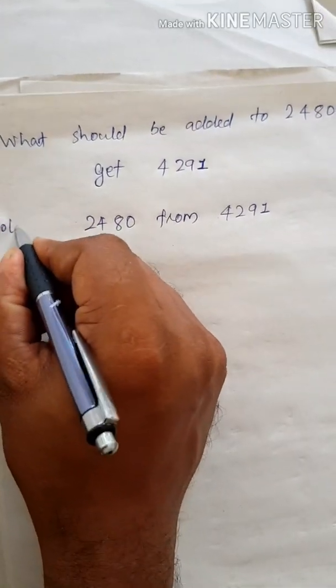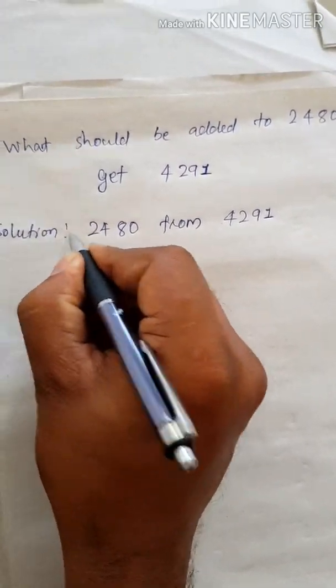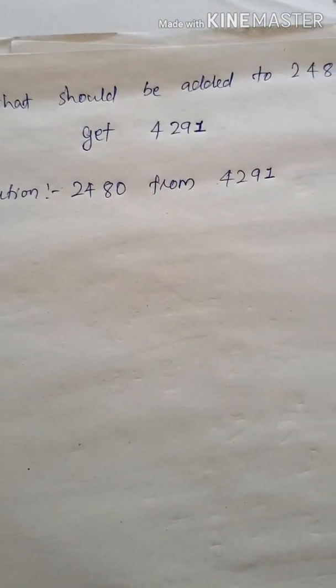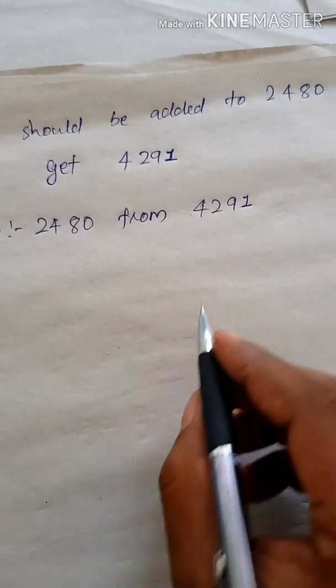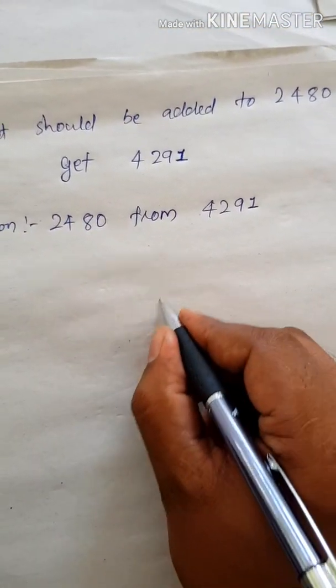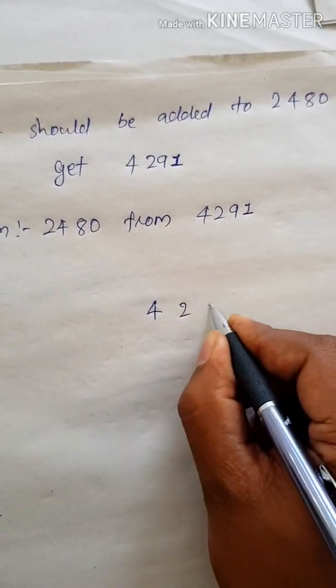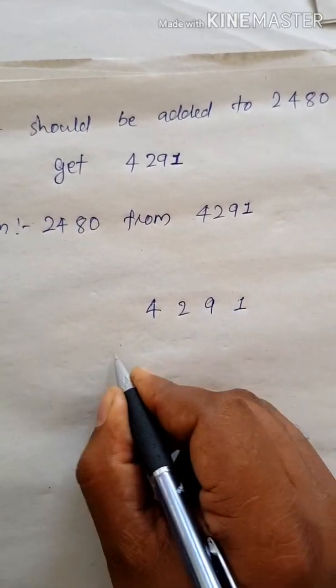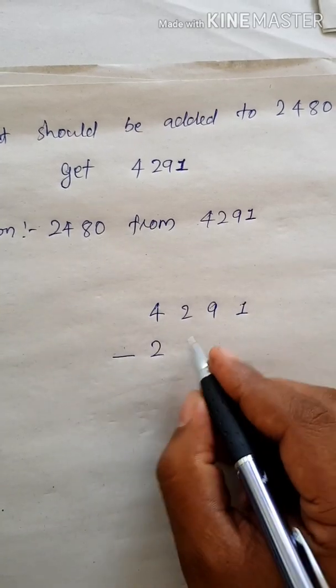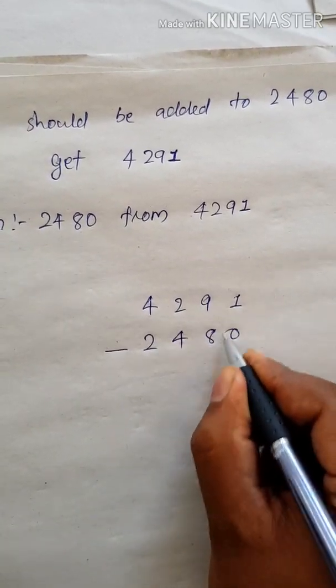Understood? Solution: 2480 from 4291. Okay, let us subtract.